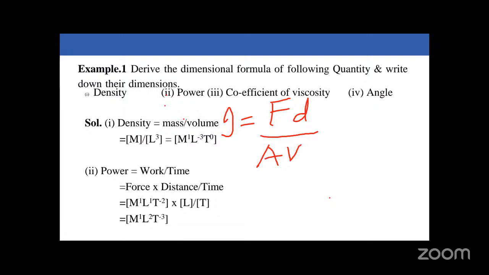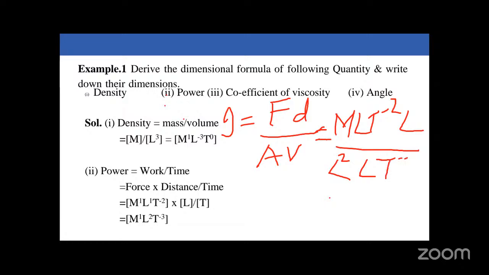So now, if we write down the dimensional formula for all these parameters, force is M L T minus 2, distance is L, area is L2, and velocity is L T minus 1.